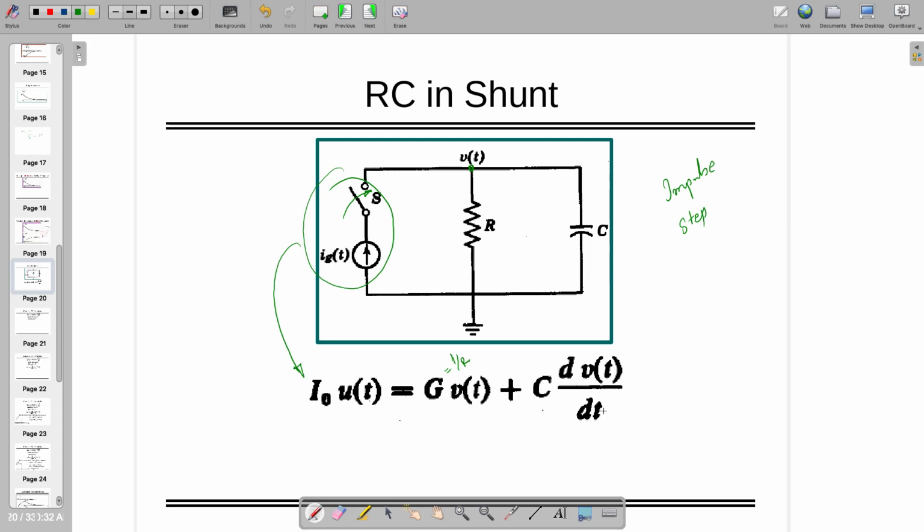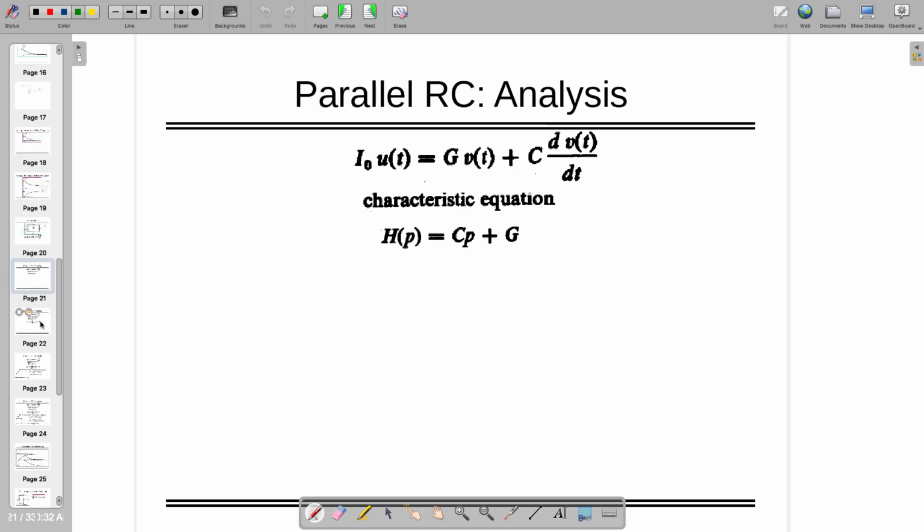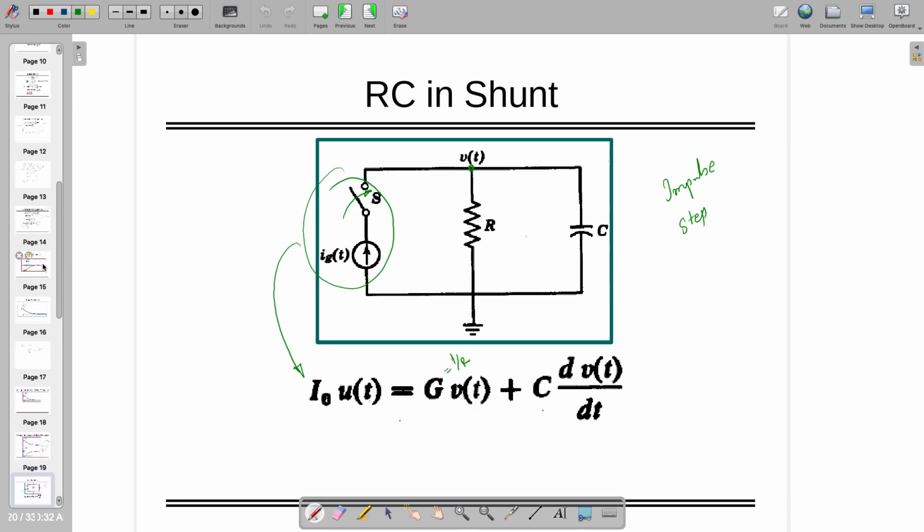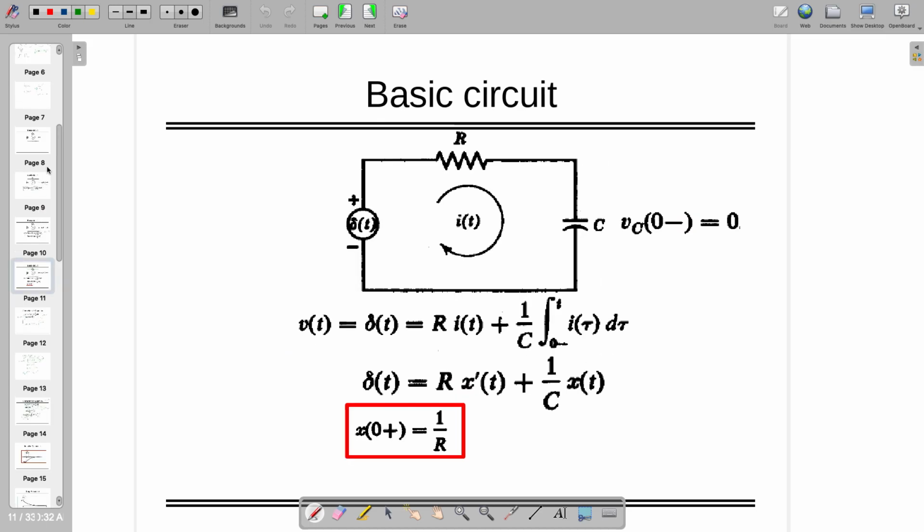If you know this, you can write down the characteristic equation directly. Right now I have not assumed something like x of t in between. In the last example, which we solved for a simple RC circuit, I assumed x prime of t is equal to I of t.